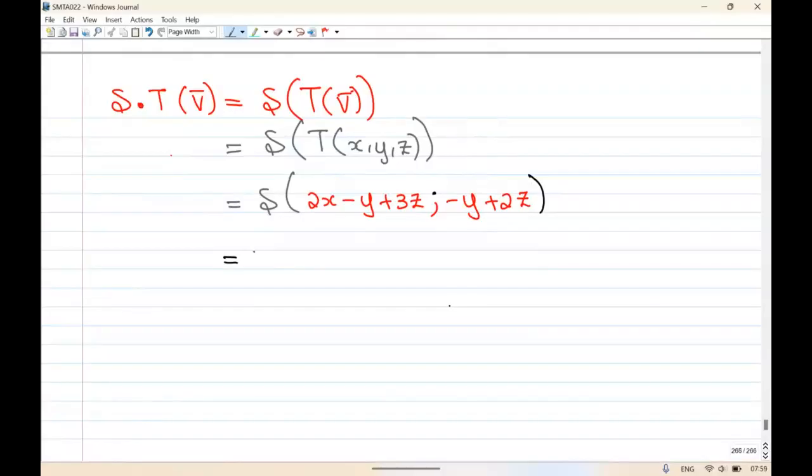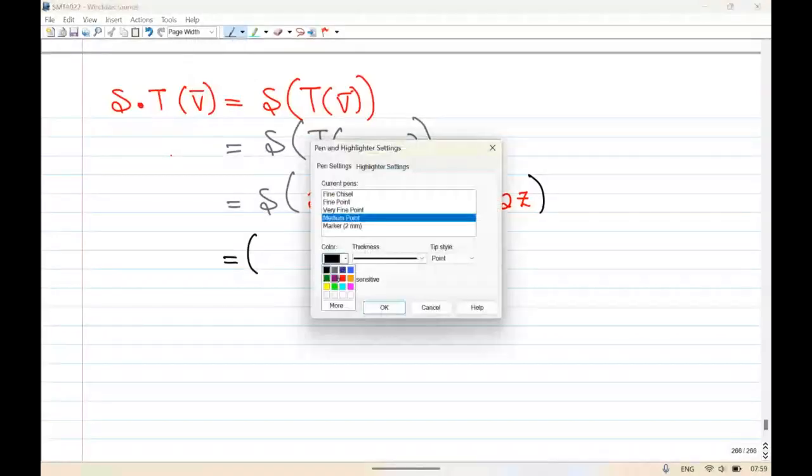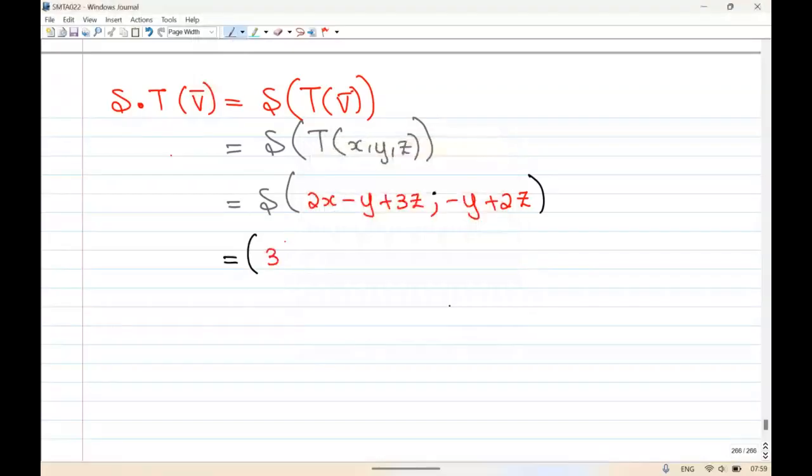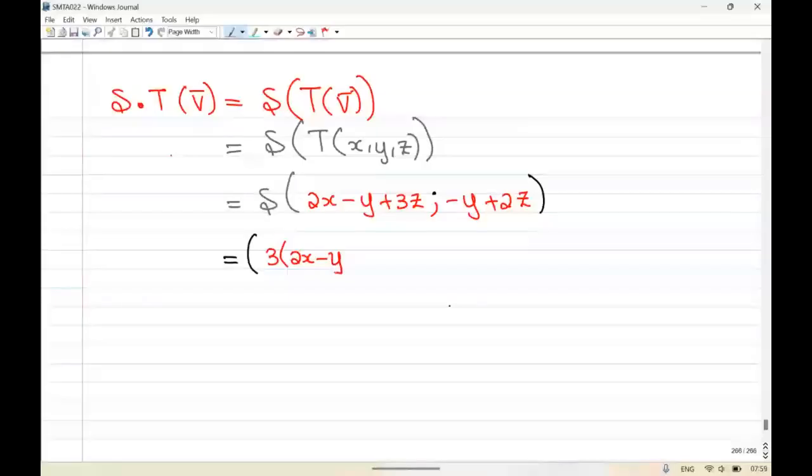Who can tell? The first bracket will be what? I think it's going to be 3 into 2x minus y plus 3z, plus y. We are saying the y part is here: 3 into 2x minus y plus 3z.